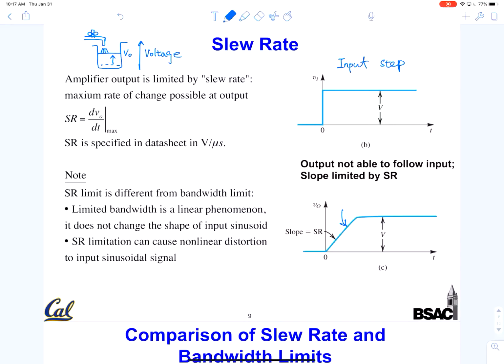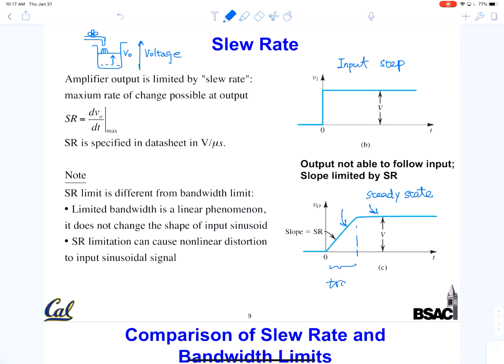That is as much water as you can flow, and this is the minimum amount of time it takes to reach the output level. The steady state level is the same, but the transient part will be limited by the slew rate.